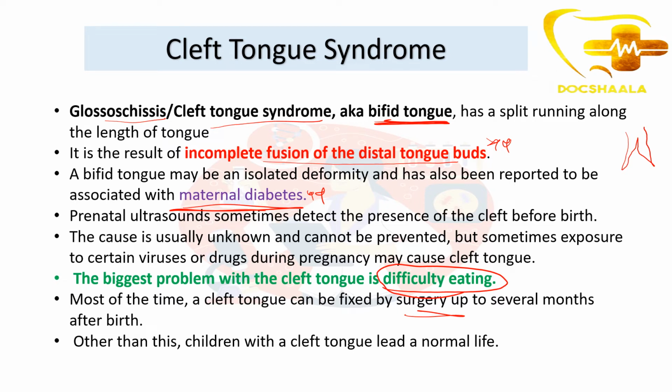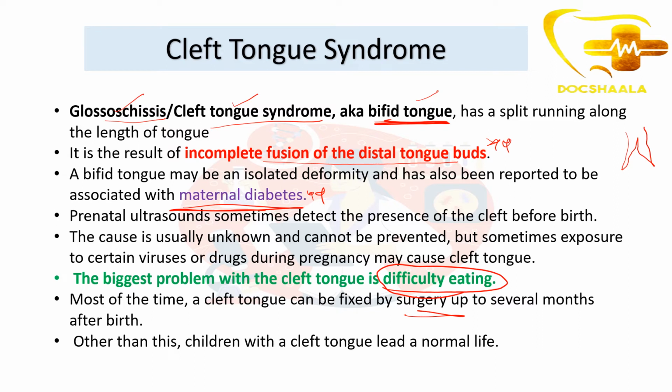The most important thing you have to remember is the names: glossoschisis, cleft tongue syndrome, and bifid tongue are all the same. It might be associated with other symptoms or it can come alone. It is most commonly associated with maternal diabetes, and it results from incomplete fusion of the distal tongue buds.